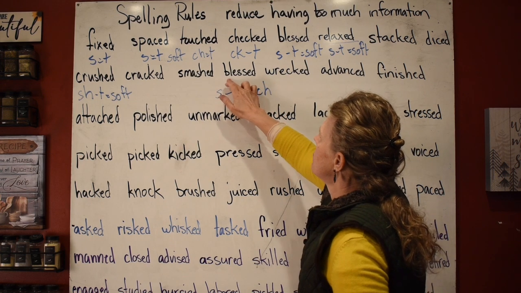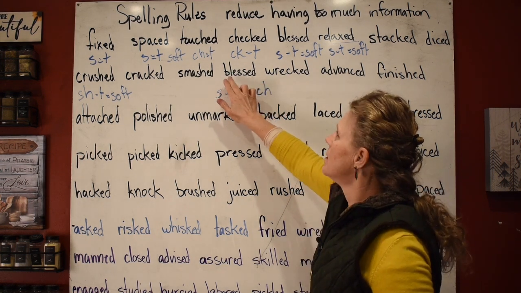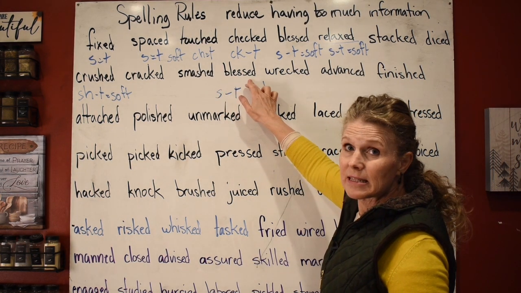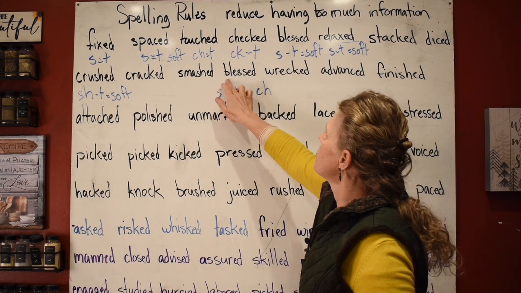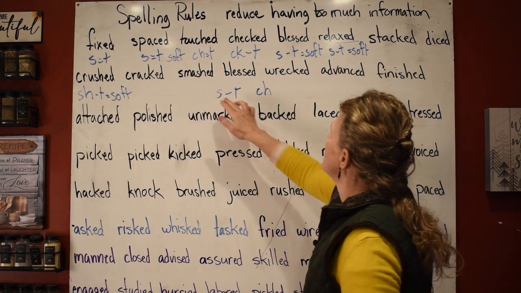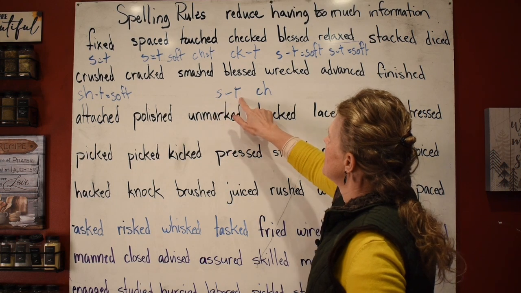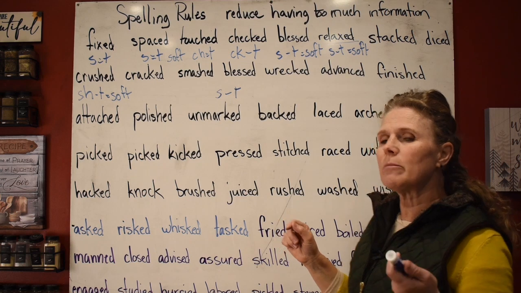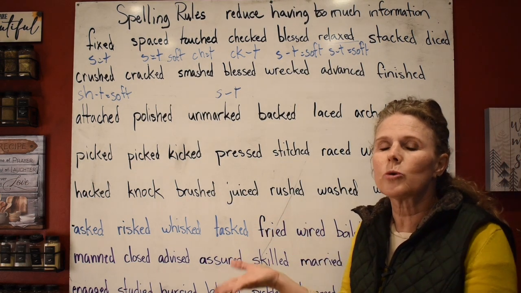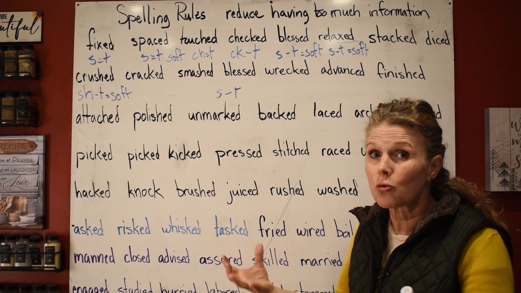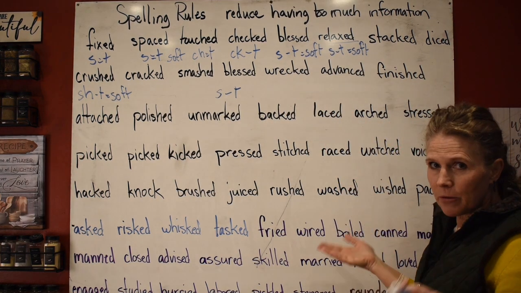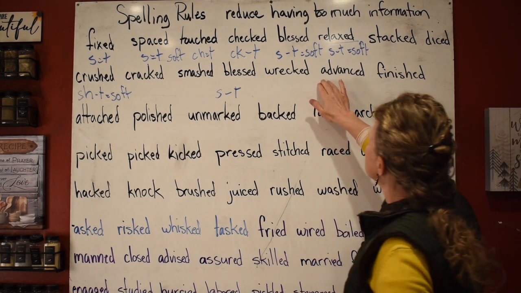Bless. And now you say blessed. So you're going to have the s-t sound. The W is silent in this one. When you have a WR, it means it's a really, really old English word. Very, very old word. I think it comes from the Greek origin.